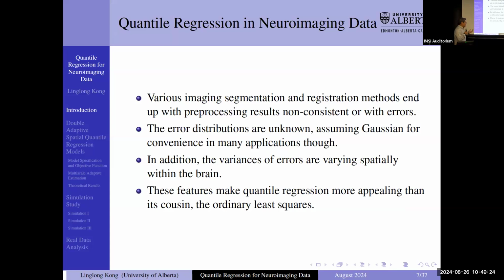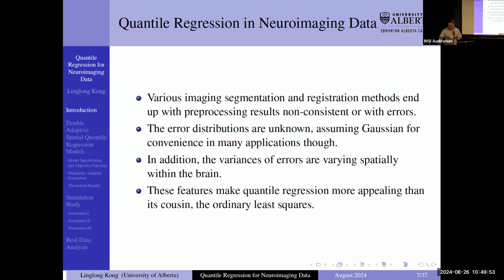However, during this pre-processing, there may be some inconsistency. We always see papers from neuroimaging using their own processing tools, and they may end up with some inconsistency. That's one thing. The second thing is, although statistically we always assume the underlying error is Gaussian, for convenience and theoretical reasons, in reality it might not be.